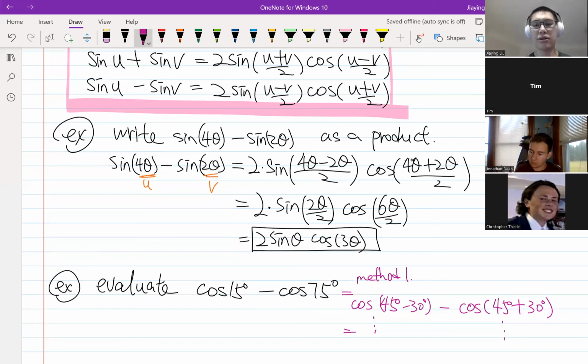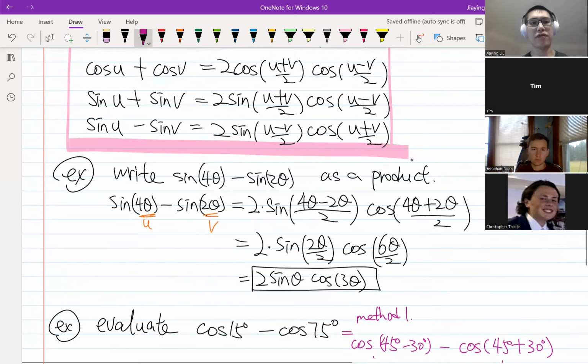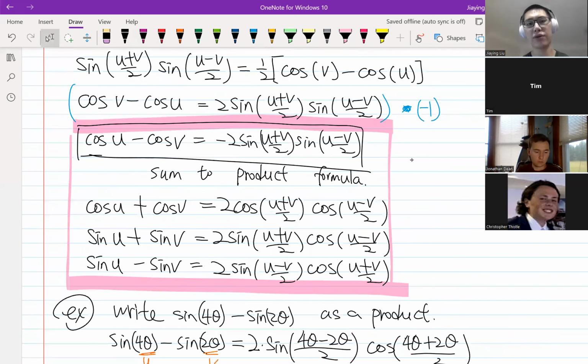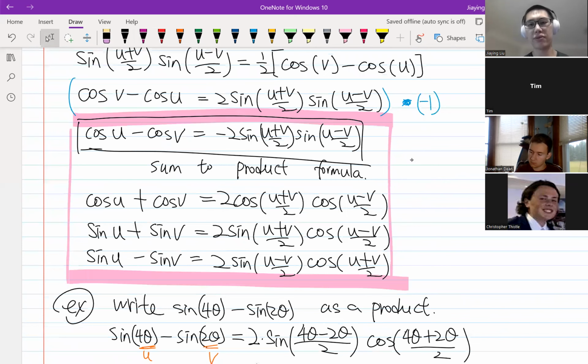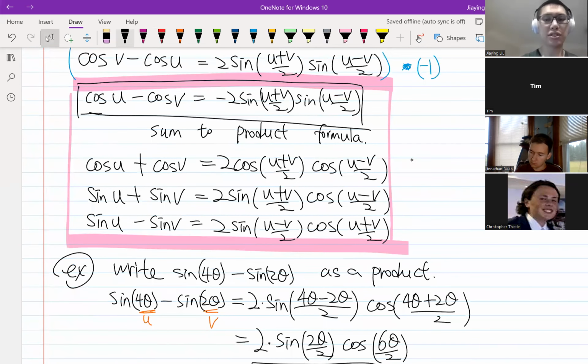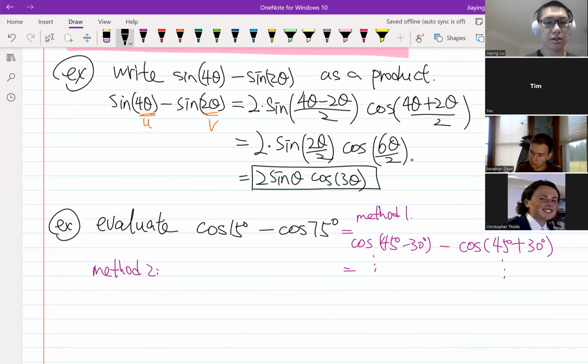Now, we can also use the new formula, which says if we have a difference of two cosines, we can convert it into a product of two sines. So let's try this second approach. Method two: cosine 15 degrees minus cosine 75 degrees. So this is my u, this is my v.